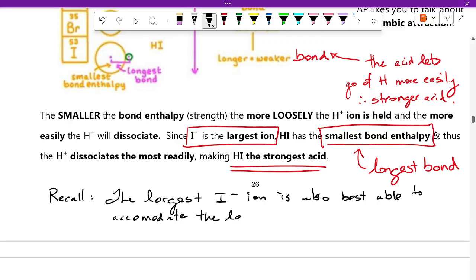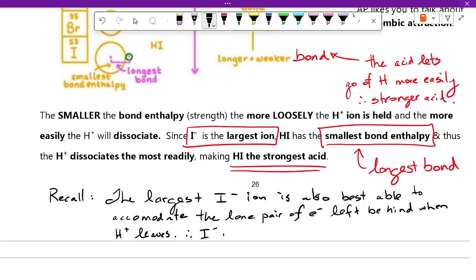Yeah, the lone pair of electrons left behind when hydrogen leaves. Therefore, I minus is the most stable conjugate base. And therefore, HI is the strongest acid.